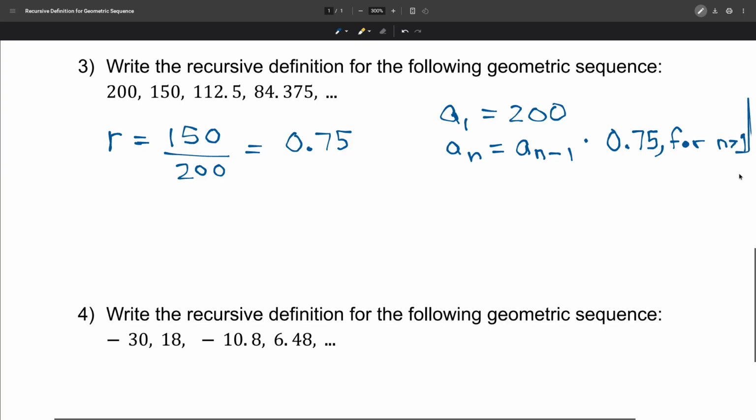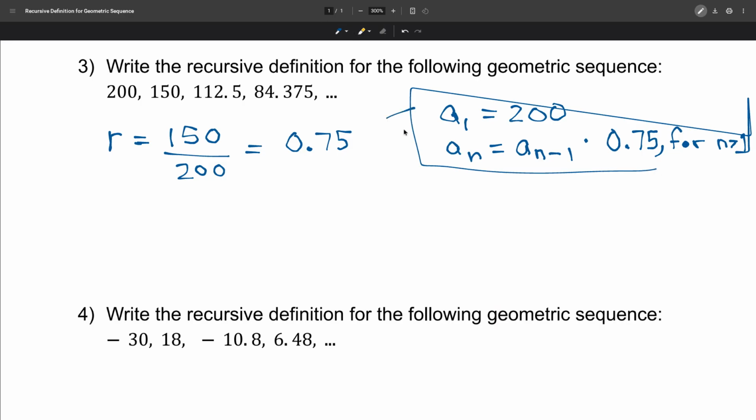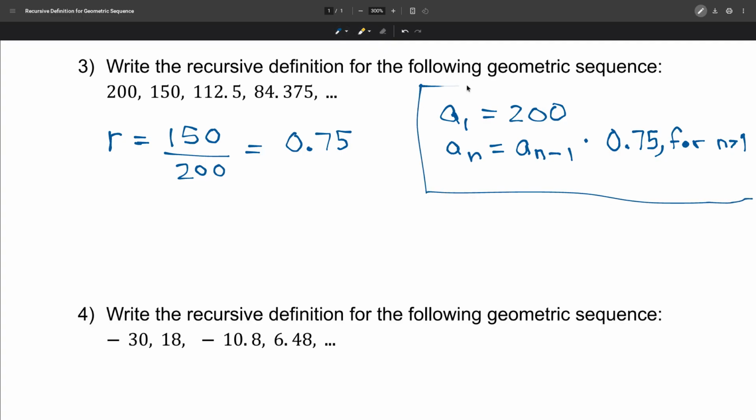Okay, so that's our recursive definition there.